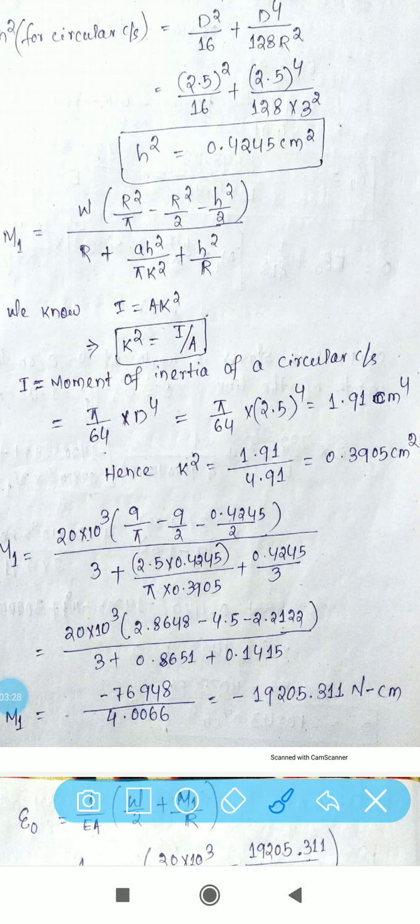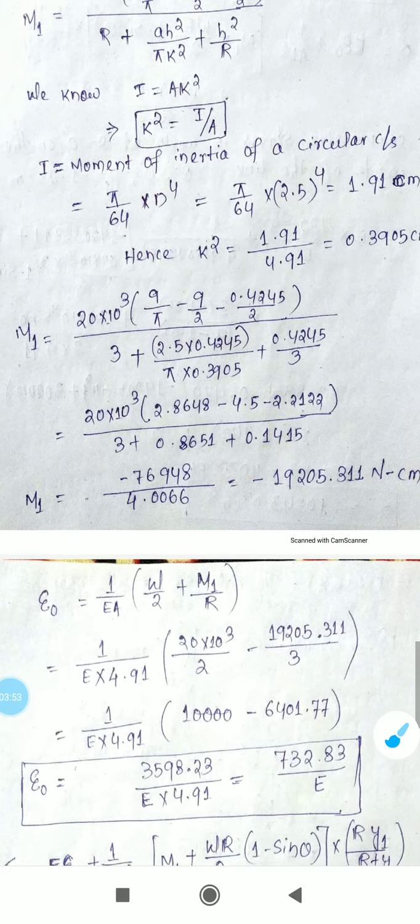We know I is equal to A k square, so k square equals I by A. I is 1.91 centimeter to the power 4, so k square is equal to 1.91 divided by 4.91. The final value for k square is 0.3905 centimeter square.